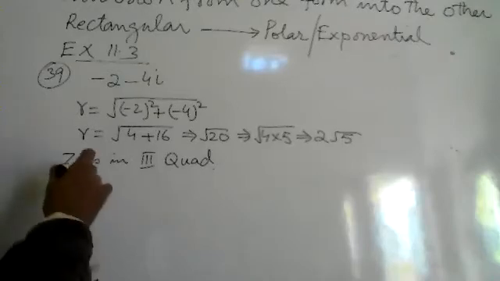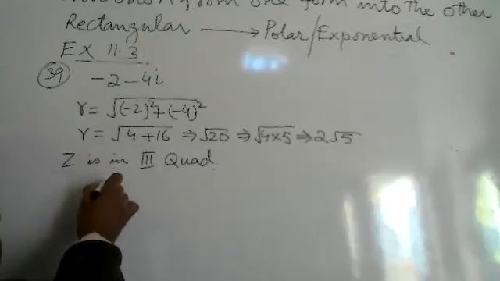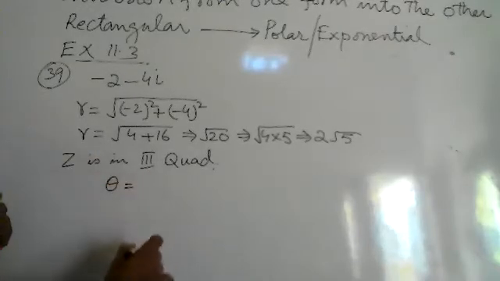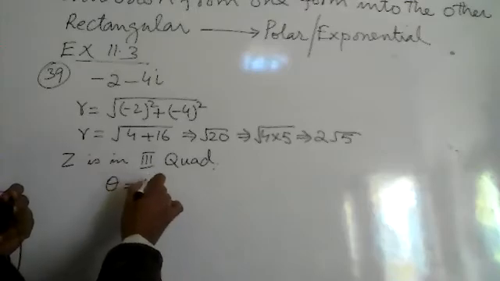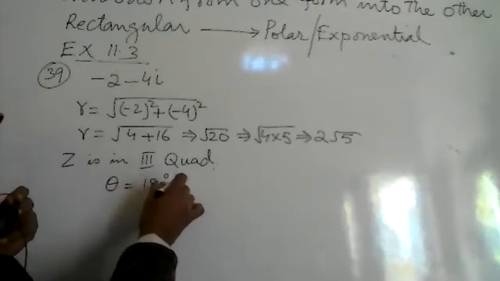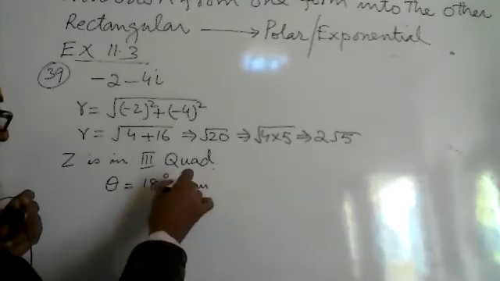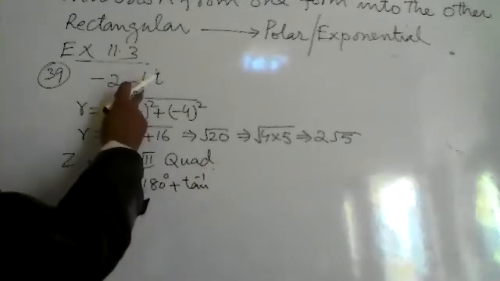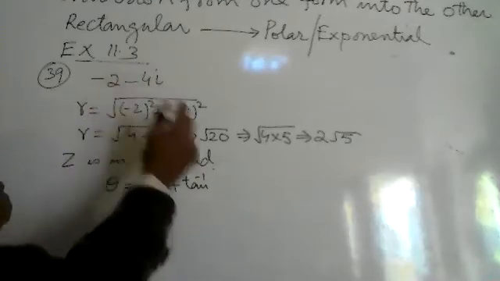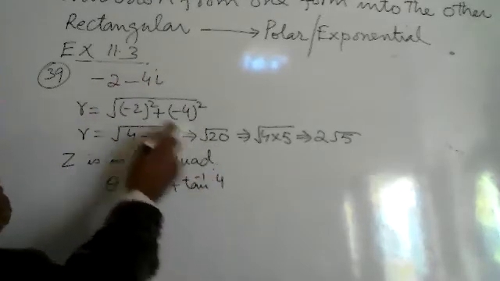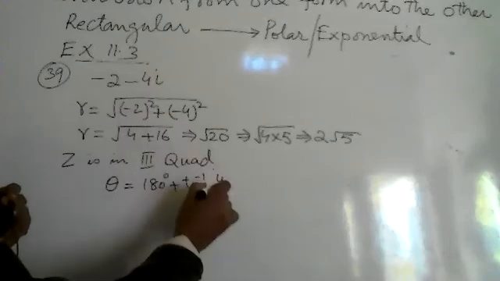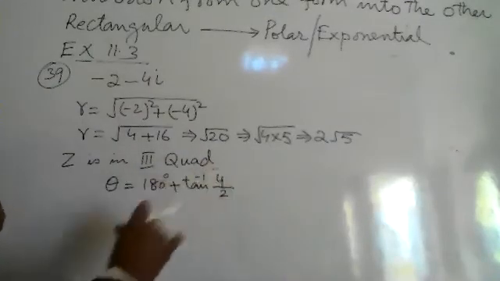When it is in the third quadrant, theta will be equal to 180 degree plus tan inverse of the positive value of the imaginary part, 4, over the positive value of the real part, that is 2. We will not take the negative sign.